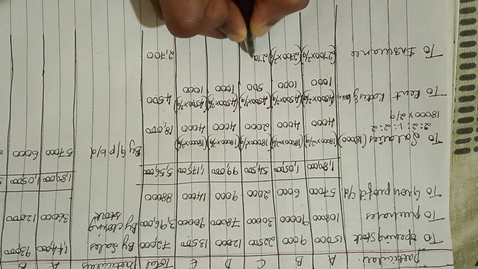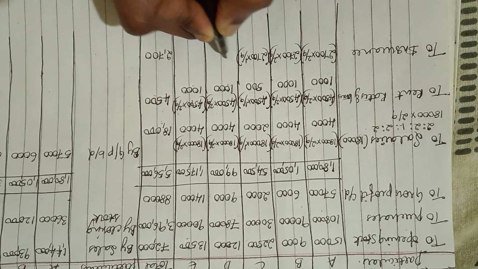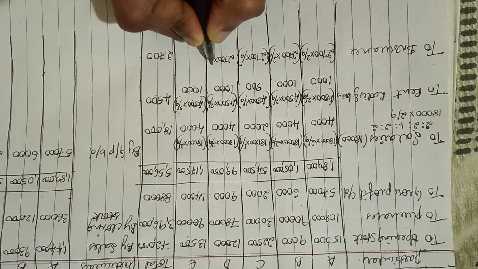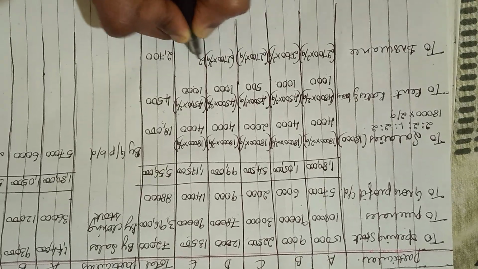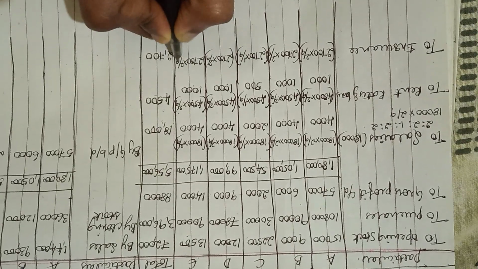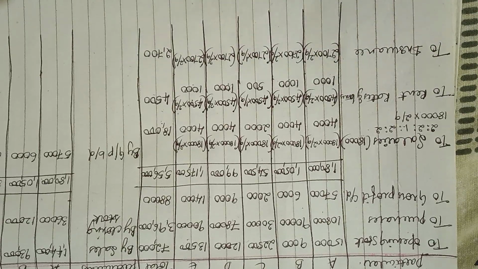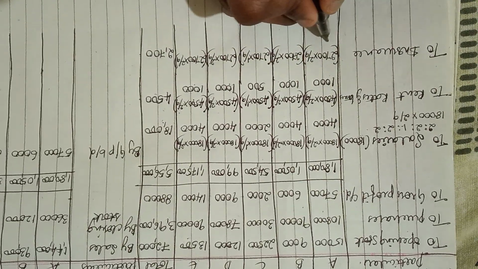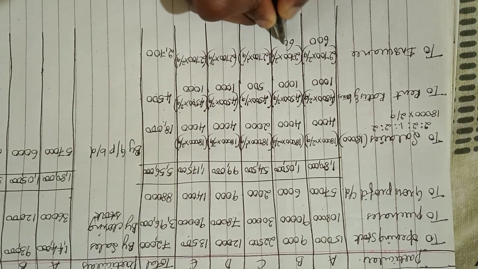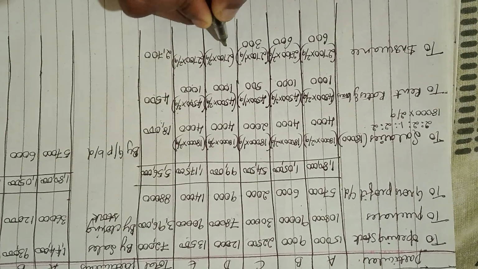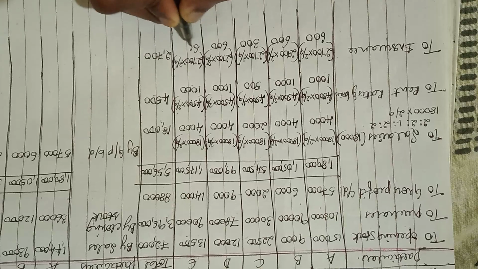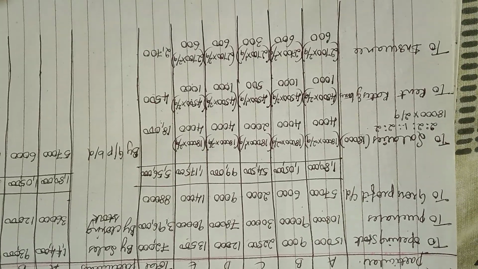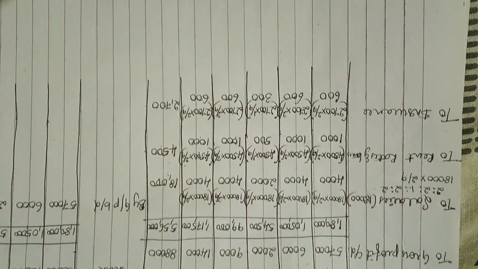So 2,700 into 1 by 9, 2,700 into 2 by 9, 2,700 into 2 by 9. Since here you have 2 repeated again, the amounts will be same. If not, you will have different variations of amount. So 600, 600, 300, 600 and 600. When you add together we get 2,700. Clear?